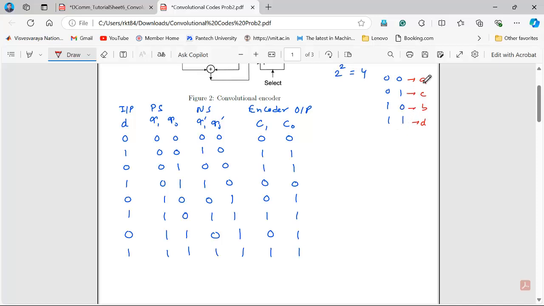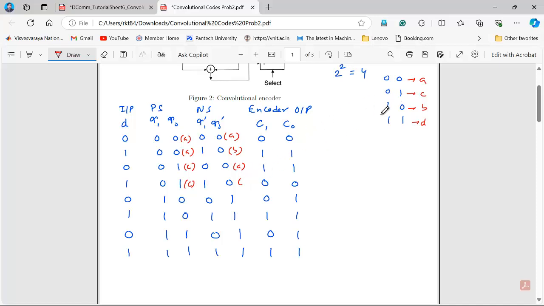Okay, now according to this, 0 0 is A, so I can write A here. So it is going from A to A, right? Again it's A. 1 0 is, you can check here from A, it's B. 0 1 is C. 0 0 is A. 0 1 is C. So I'm writing the states here, so I can easily draw the state diagram.